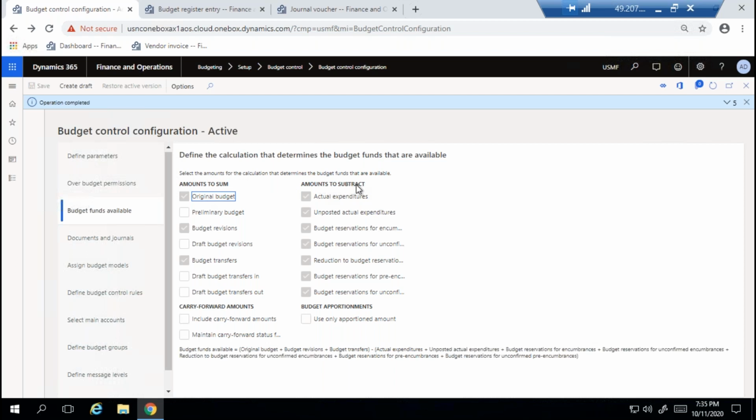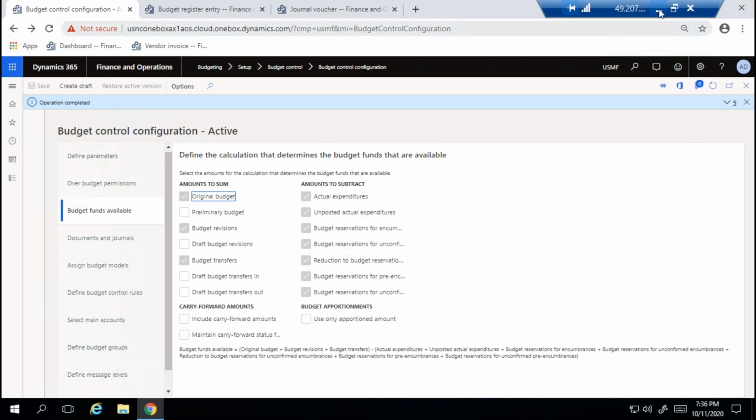Now, subtracting. Here we have looked at only actual expenditure, but there are many things inside: unposted actual expenditures, budget revision expenditure, budget revision for encumbrance, budget revision for unconfirmed encumbrances.